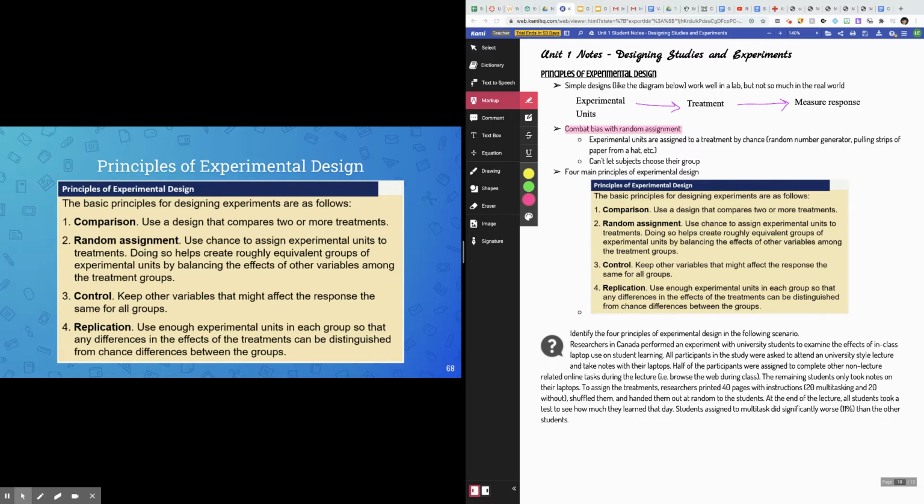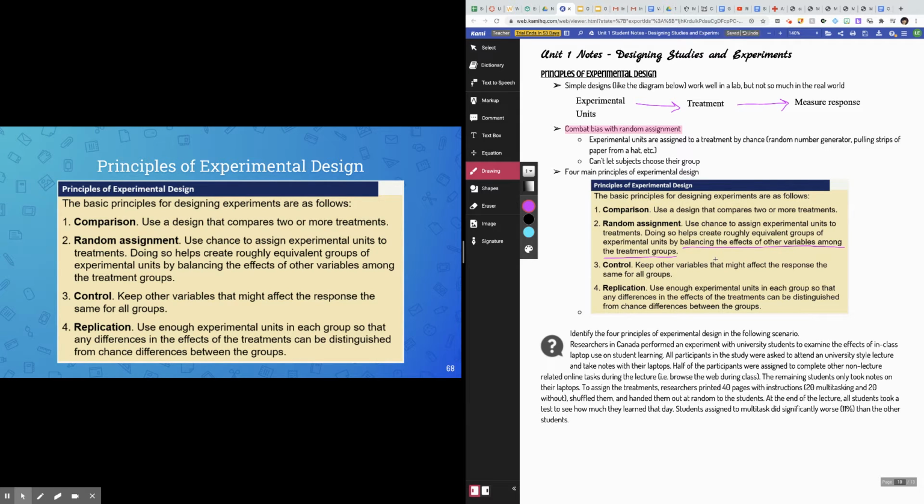Random assignment, I already talked about, but that's when you use chance. So the hat method, random number generator, etc., to assign experimental units to treatments, right? And doing this creates roughly equivalent groups. One of the reasons that we do this is so that we can balance the effects of other variables among the treatment groups.